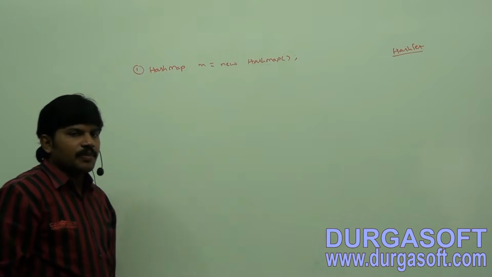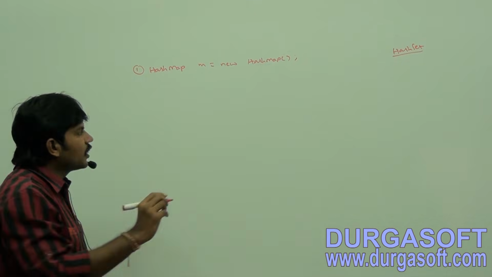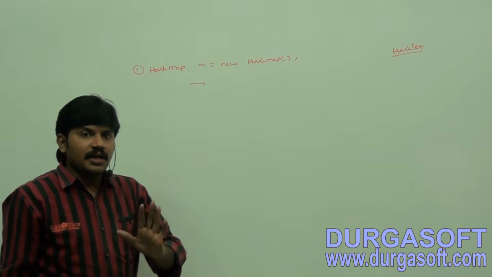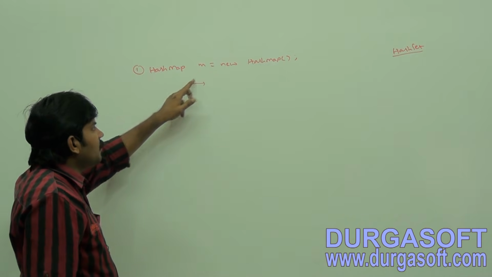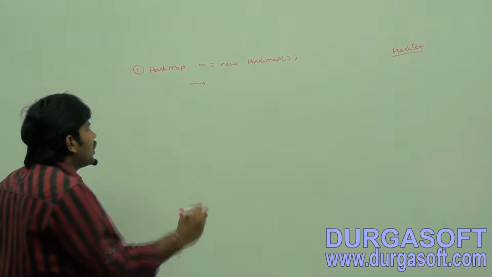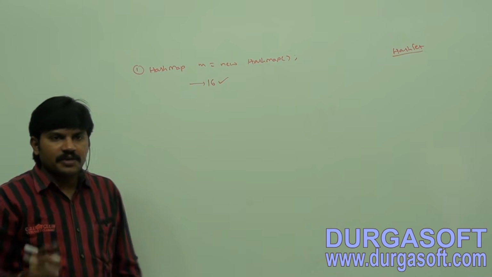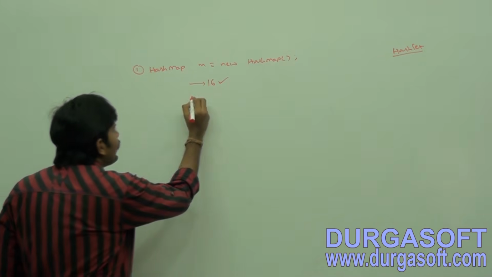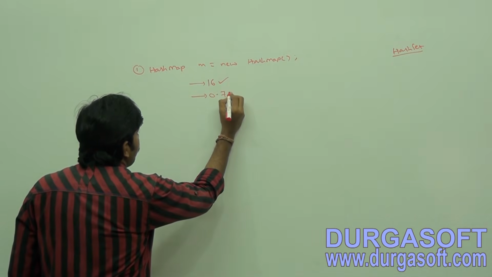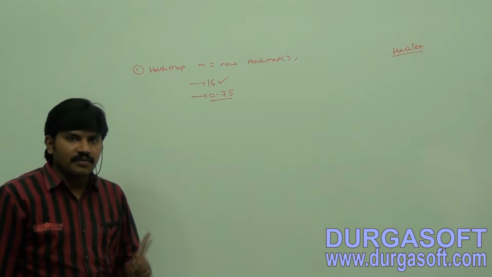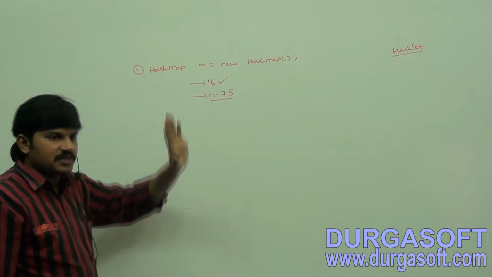It creates an empty hash map object with the default initial capacity 16 and the default fill ratio 0.75.